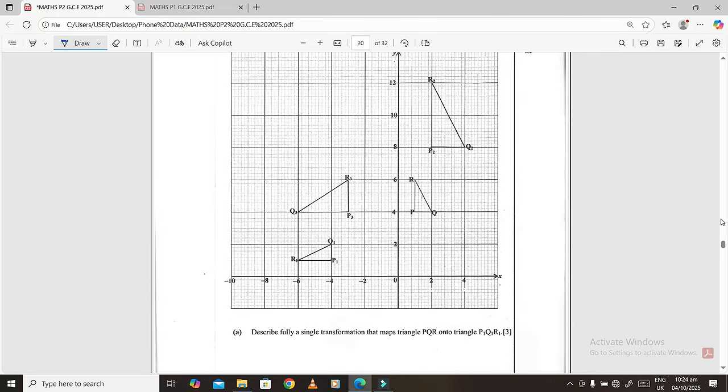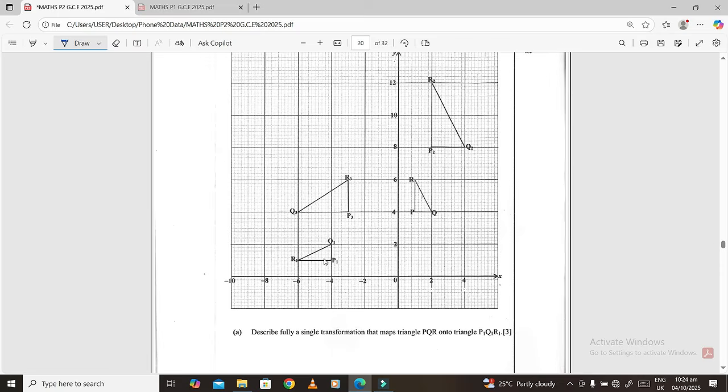So this one, I don't have a ruler. So what I can advise you is, for the first one, to describe fully a single transformation that maps triangle PQR onto triangle P1Q1R1.